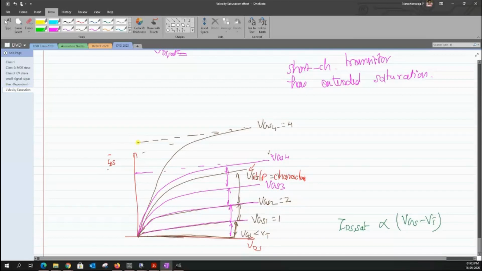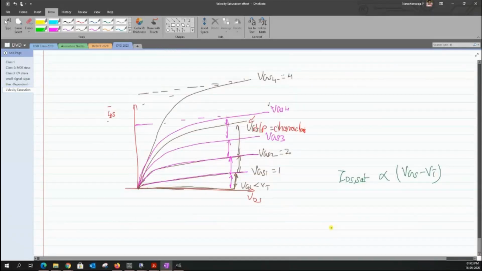So there are 2-3 factors that we can see here. The first factor is the device enters into saturation much earlier.